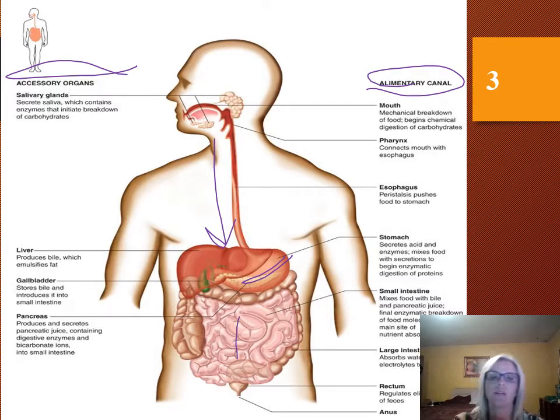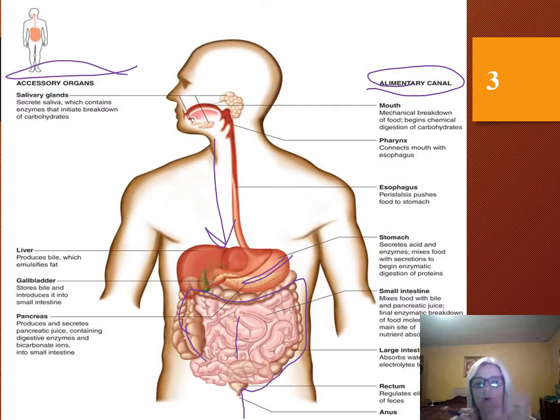From the small intestine, we enter the large intestine, go to the rectum, and then are expelled out through the anus. Those are the main organs of the alimentary canal. You need to be sure that you know these and what their function is and what type of digestion they do.